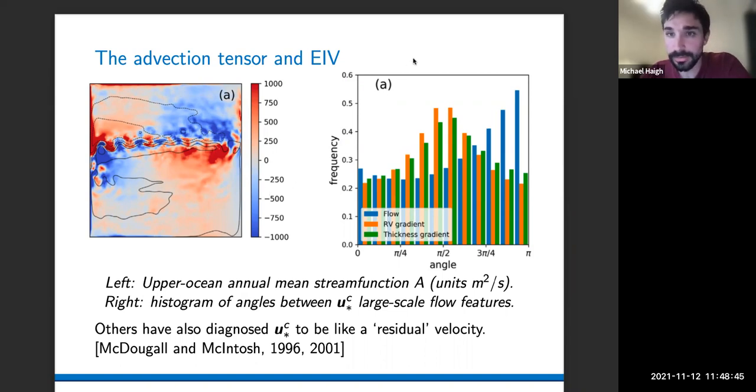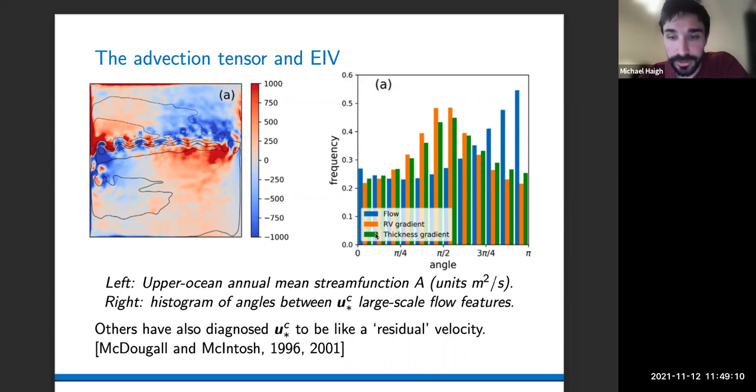To get a more statistical description of the properties of the corresponding eddy-induced velocity, you can compare it with some features of the large-scale flow. That's what I do with this histogram on the right-hand side. Specifically, I'm looking at the angle between the eddy-induced velocity, U star C, and different features of the large-scale flow.